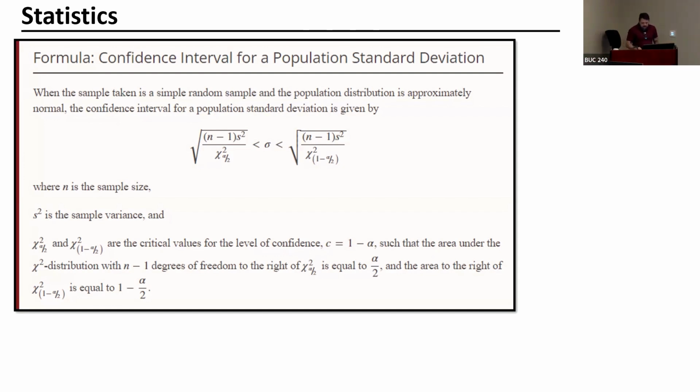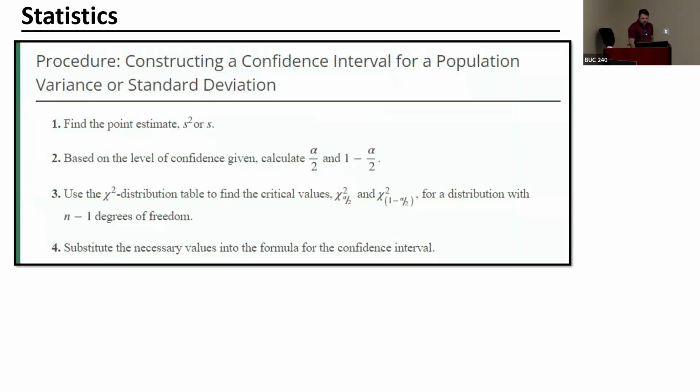Now, let's go back up really quickly here. And I'm going to show you how to use your chart, what they're saying here. Matter of fact, I'll just go to the next slide and we'll do it down below. Procedure for constructing a confidence interval for a population variance or standard deviation. Find your point estimate.